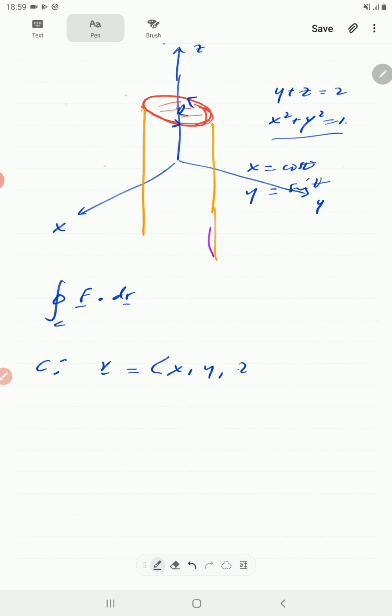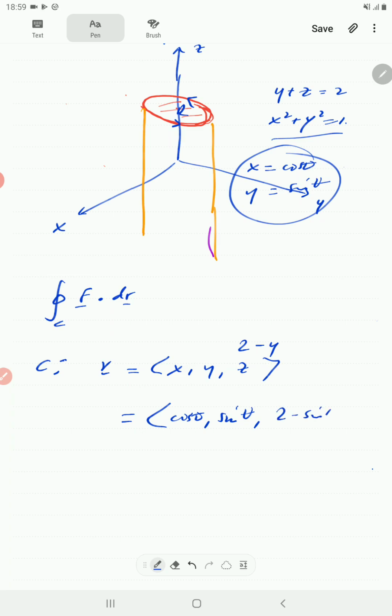So x, y, z. Okay, z we can write in terms of y. So that is 2 minus y. And then using this parameterization, x is cosine theta, y is sine theta, this is 2 minus sine theta.